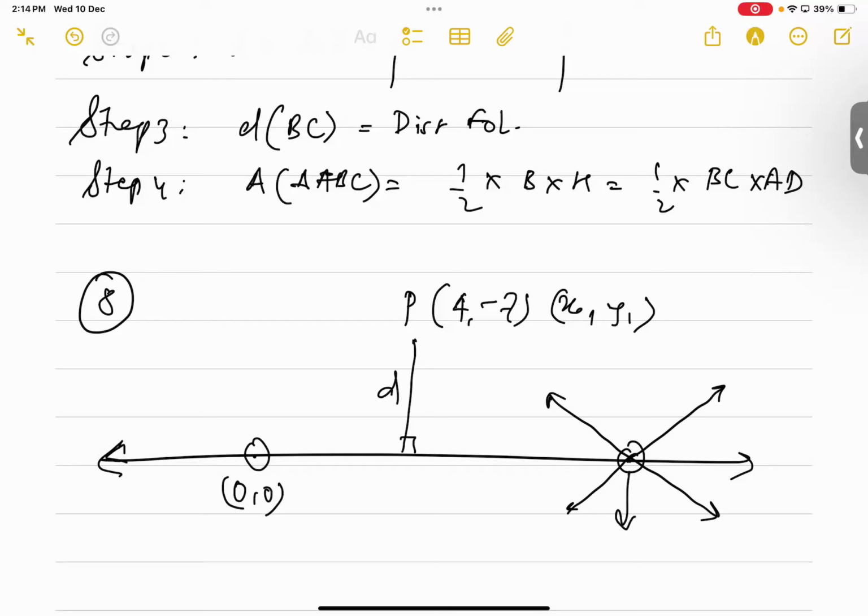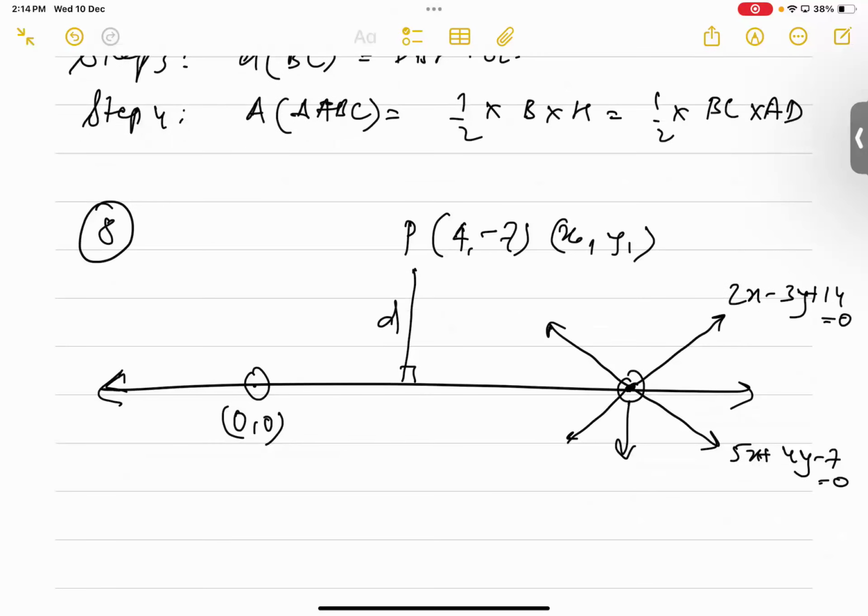So this point is the intersection of what? 2x minus 3y plus 14 is equal to 0, and 5x plus 4y minus 7 is equal to 0. So how to get the intersection point? Equate. First we are going to solve simultaneously.